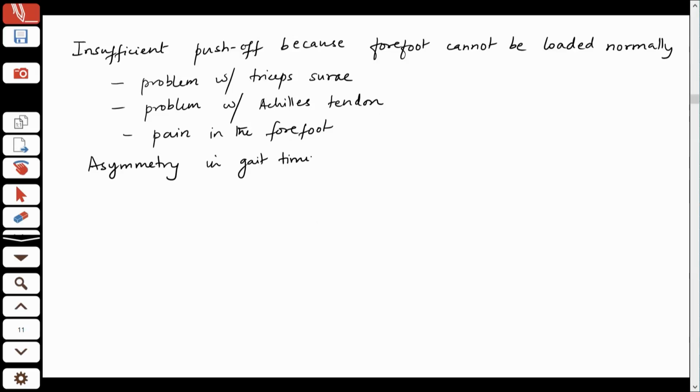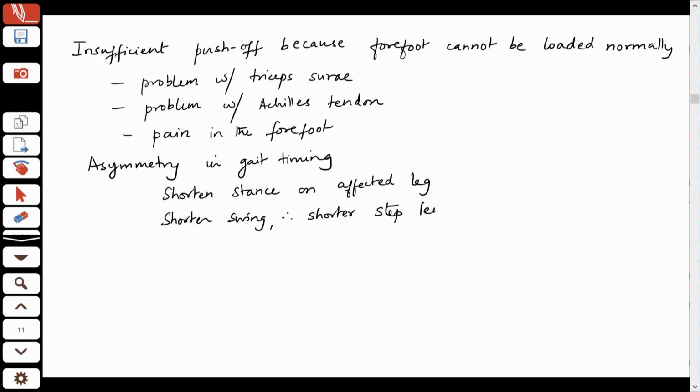So, this is another case where you would shorten stance on the affected leg, shorter swing, and therefore shorter step length of the opposite leg. So, the two steps will be asymmetric.